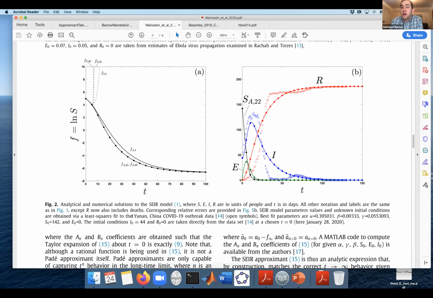This is just a province, sorry. This is just the Yunnan province in China. So yeah, we chose this because the curve flattened very early, and we had a complete picture of the life of the virus in Yunnan.